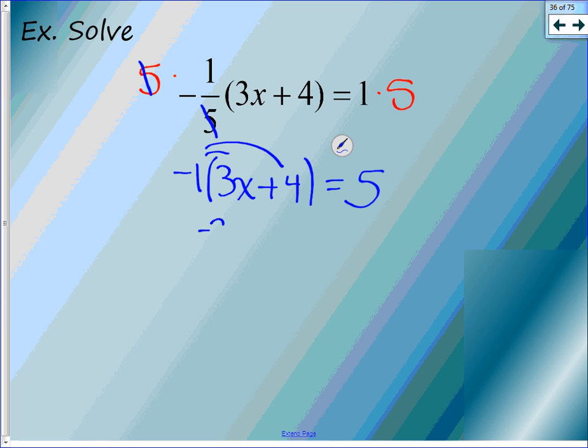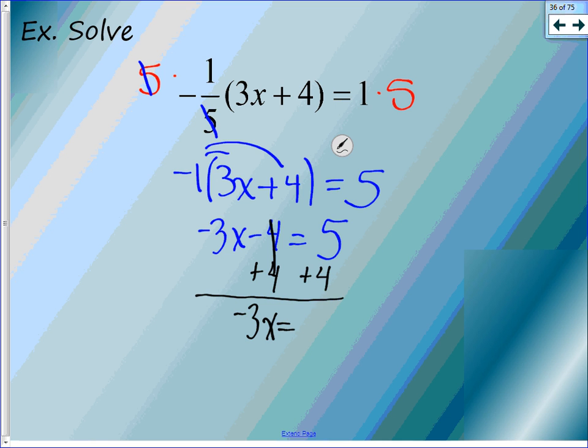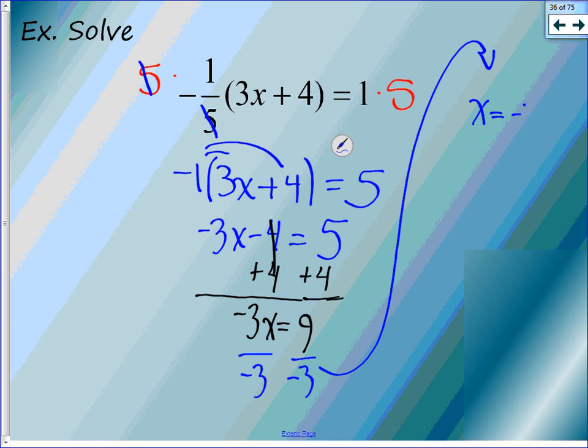We get -3x minus 4 equals 5. Then we can add 4 to both sides. We get -3x equals 9. And then we can divide by -3. And we get x equals -3.